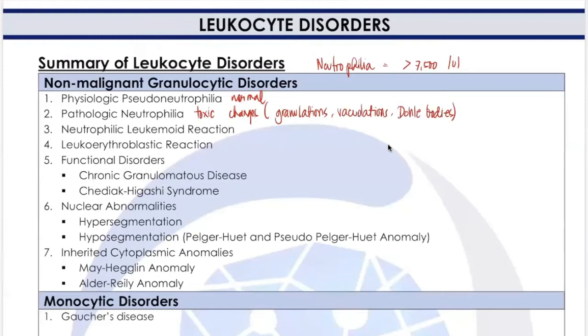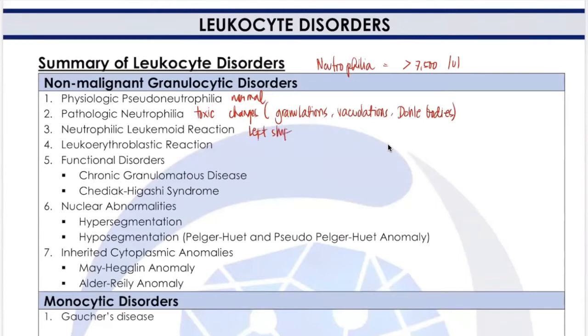Next, we have the neutrophilic leukemoid reaction. Later on, we are to differentiate this from chronic myelogenous leukemia, basically because they show similarities, especially in what we call the left shift. This is characterized by a left shift.